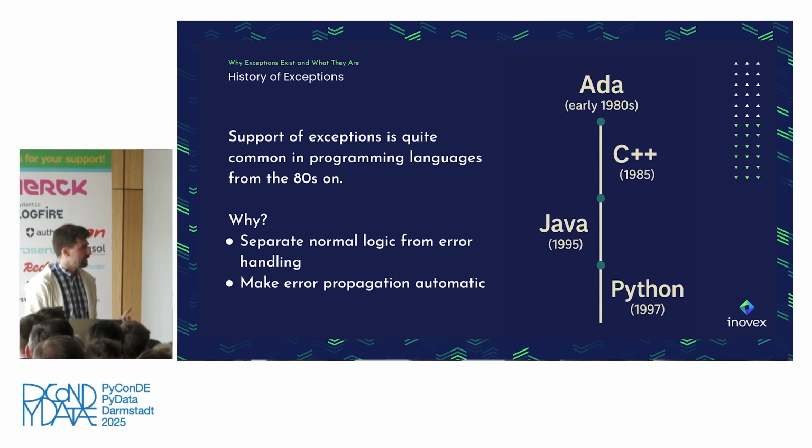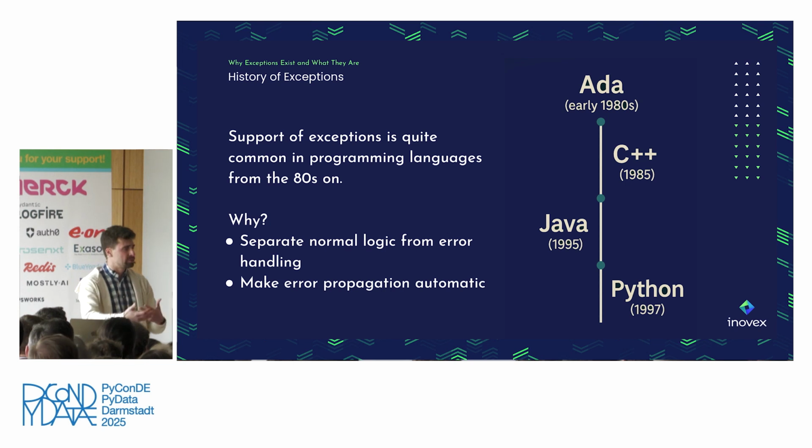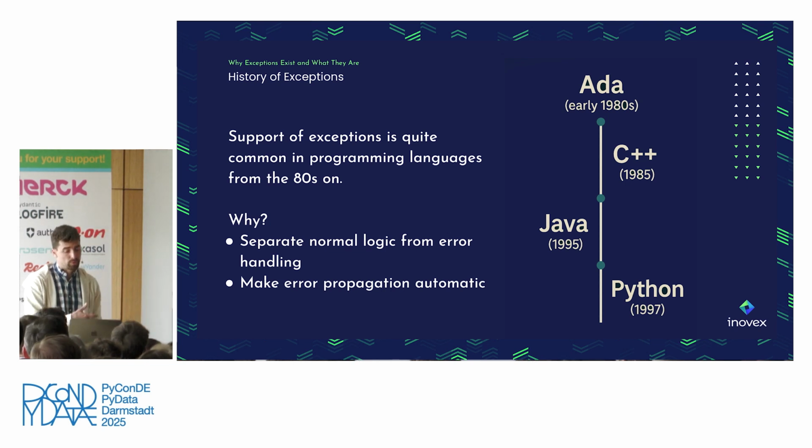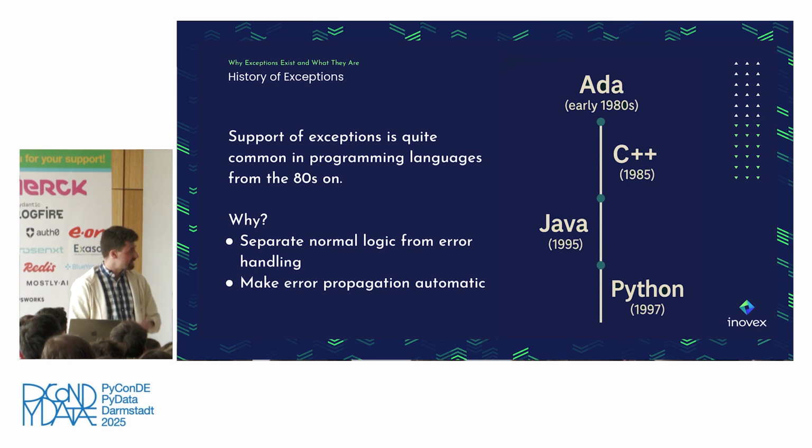You can have enforced exceptions, where you say, my method throws an exception and someone has to handle it, so you can enforce that someone is really handling the exceptions and so on. So a lot of experience with exceptions went into this. And of course, we also know exceptions in Python.